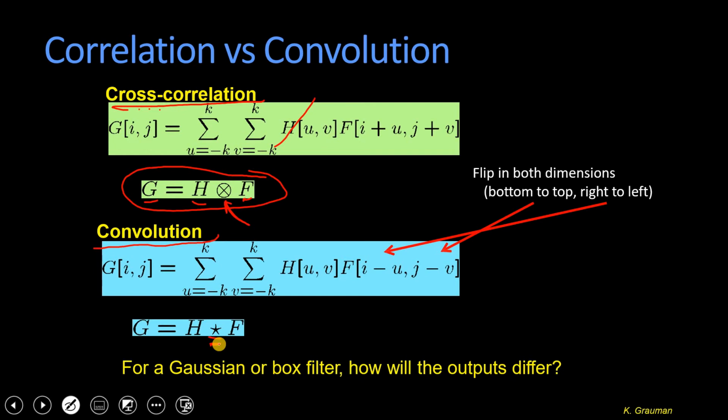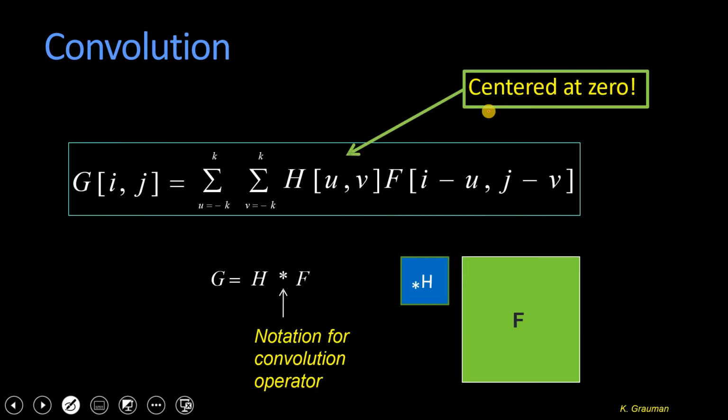In the case of convolution, when you have an image, I think it comes somewhere next. Yeah, this one. So if you have a mask, so this is your mask or kernel, and this is your image.